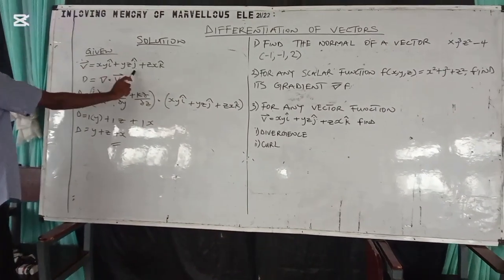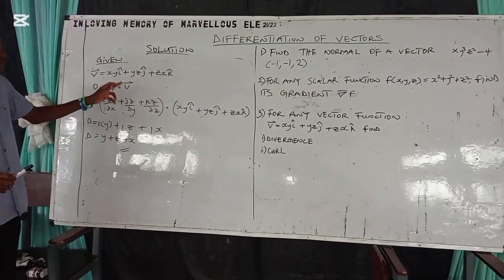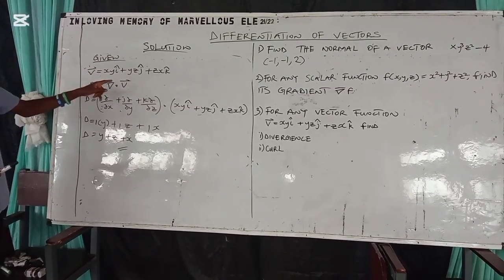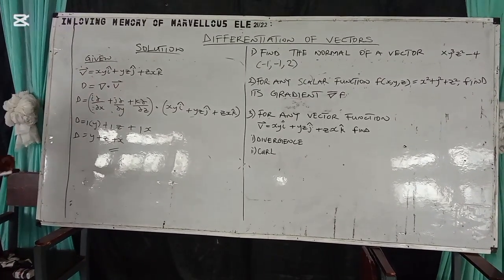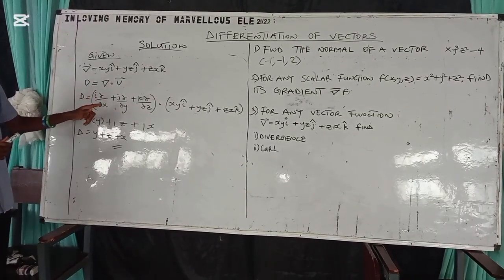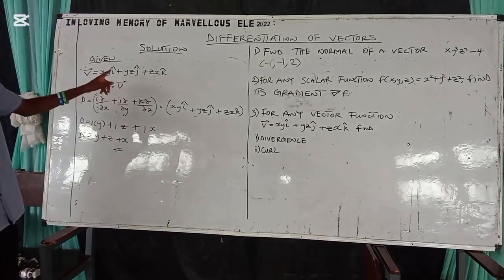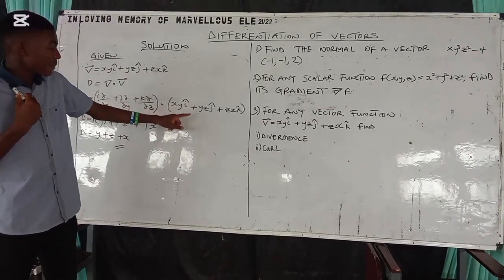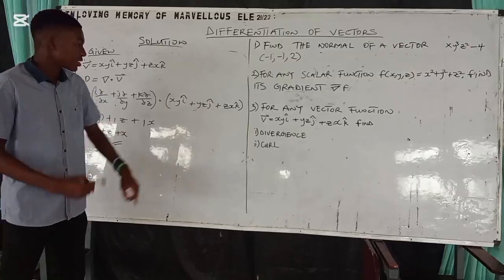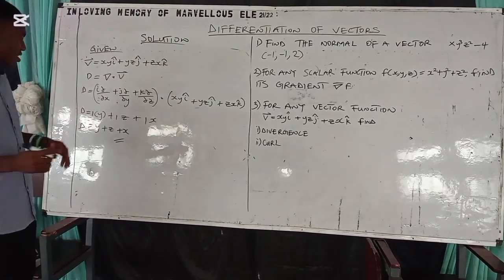This formula for divergence is a vector operator times the vector given, which is v with this arrowhead. What is a vector operator? Don't forget, i partial respect to x, j respect to y, k. This is our vector operator times our vector, which is xy i plus yz j plus zx k.